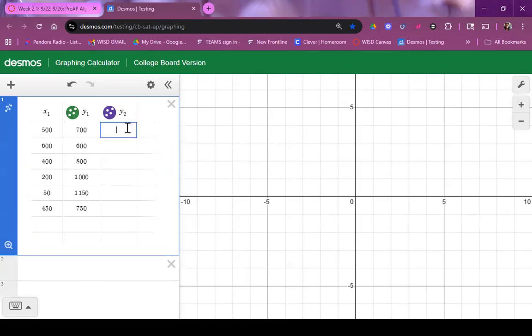And then for our area, we had 350,000, 350,000. Then we had 360,000. Then we had 320,000.